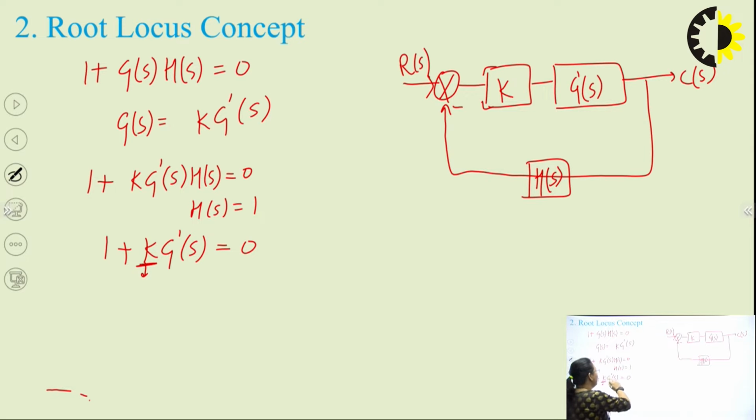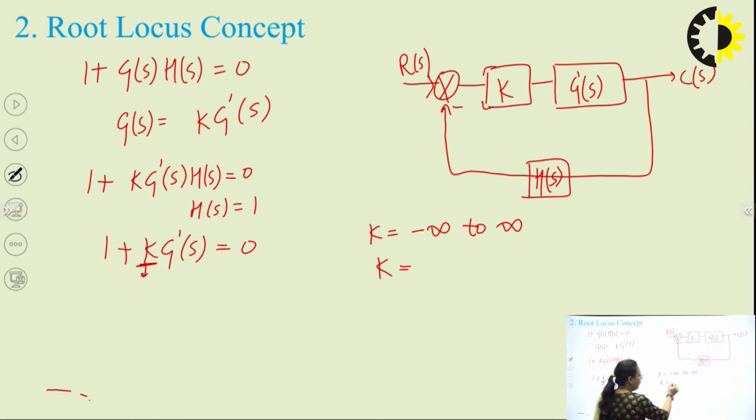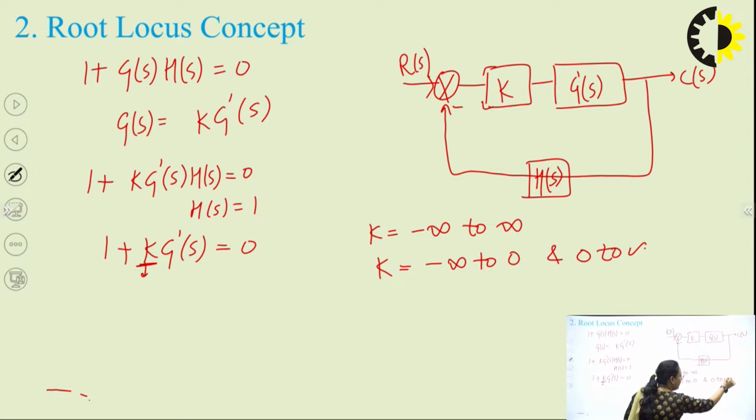Here I am saying that I am varying k from minus infinity to infinity. We can break this variation of k into minus infinity to 0 and 0 to infinity.